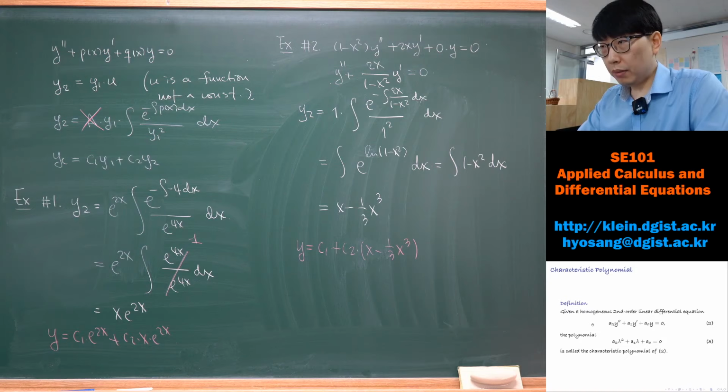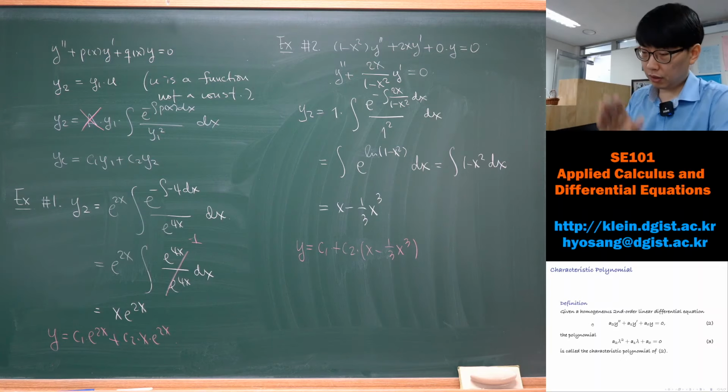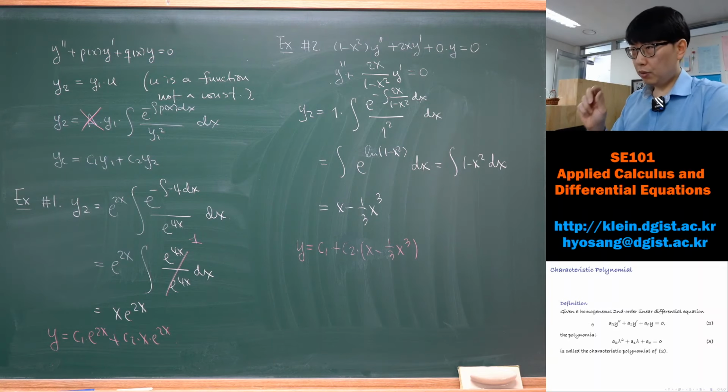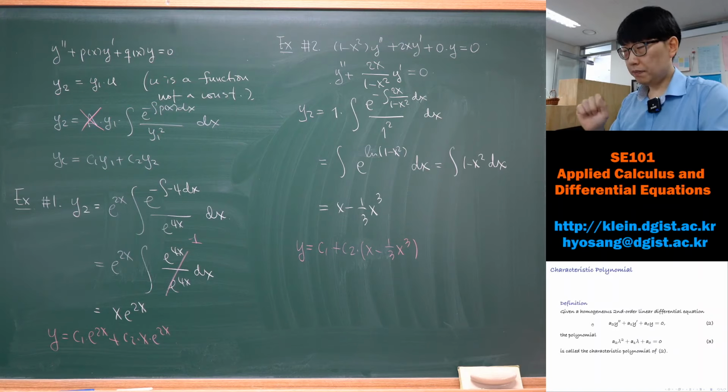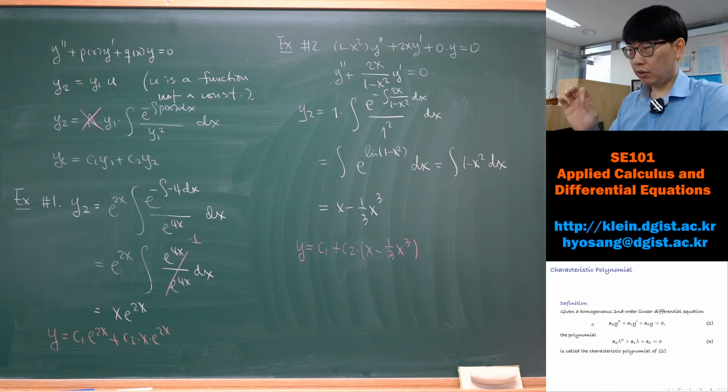So our setup is we have a second order linear differential equation with constant coefficients. This is a slightly different setup from the reduction of order because we need constant coefficients, and the coefficient of y double prime does not have to be 1. And unlike the reduction of order, we don't have a given solution.